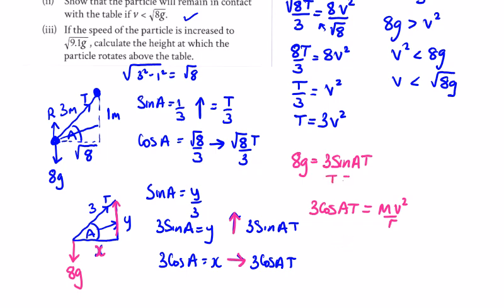T in this case will be 8g over 3 sine A, and t in this case, if I divide by 3 sine A and change r to 3 cos A, I'm going to get t is equal to 3 cos A by 3 cos A is 9. It's going to be equal to mv squared over 9 cos squared A. Where's this going? We have m is equal to 8, so I'll put that in as well.